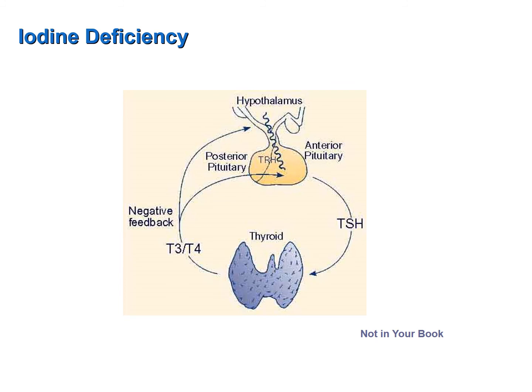Recall that the release of T3 and T4 from the thyroid gland is under the control of a negative feedback mechanism. As T3 and T4 levels rise, they reduce further release of thyrotropin releasing hormone and thyroid stimulating hormone. In the case of an iodine deficiency, there is not sufficient iodine to make the normal levels of T3 and T4.